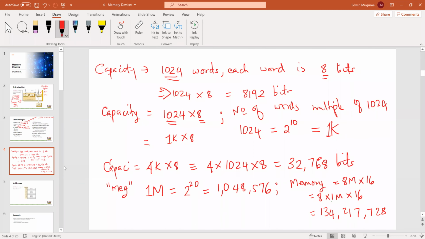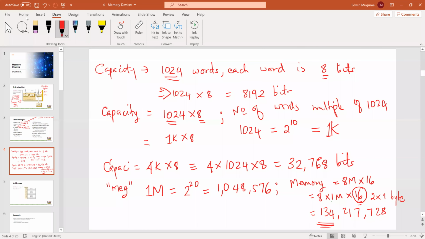You're looking at about 134 megabits, sorry, not bytes, bits. If it was megabytes, we would have multiplied by 2, because this 16 is really 2 times 1 byte. So a megabyte and a megabit are totally different things, and I think this is something that you already know.